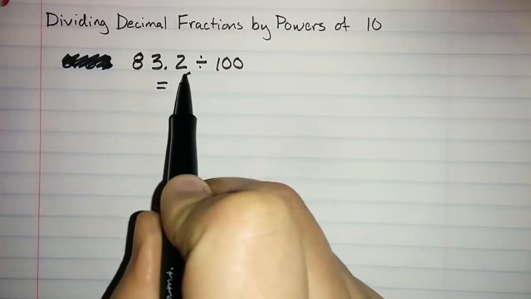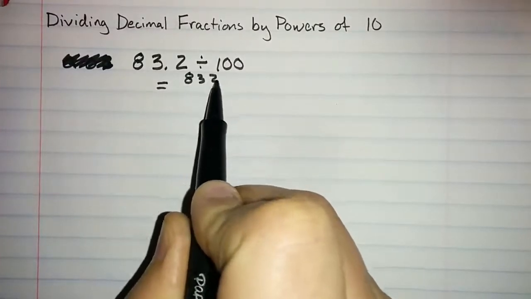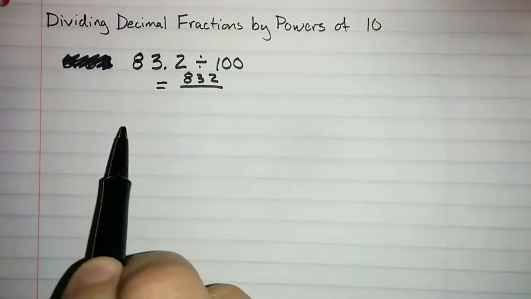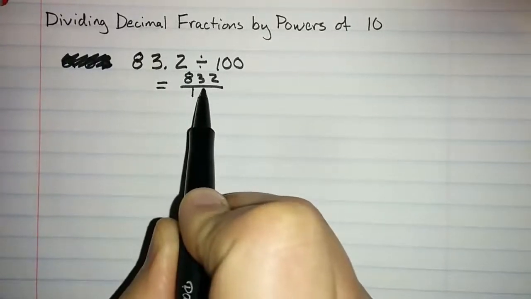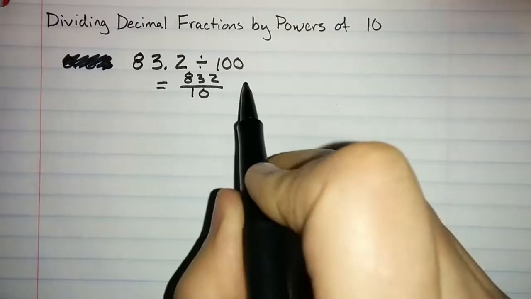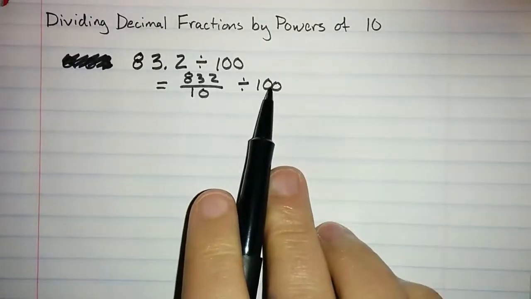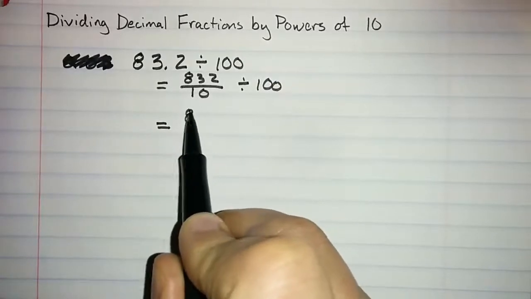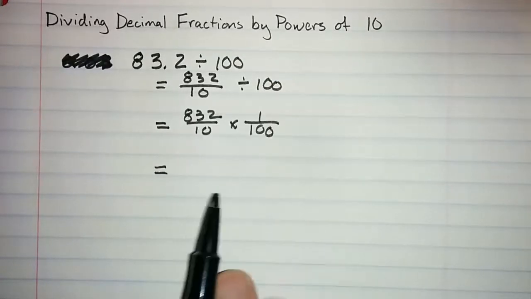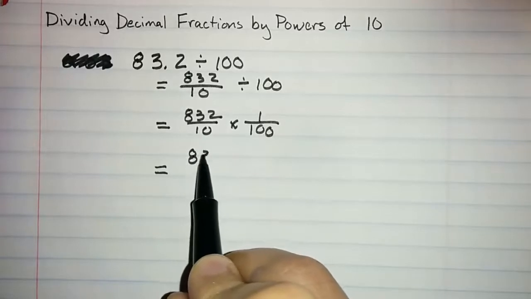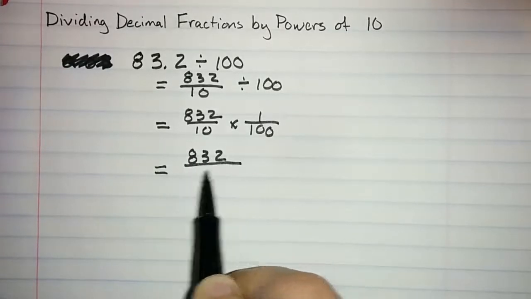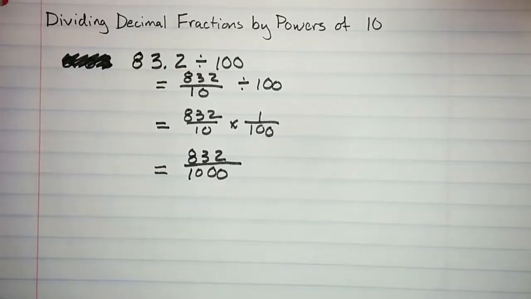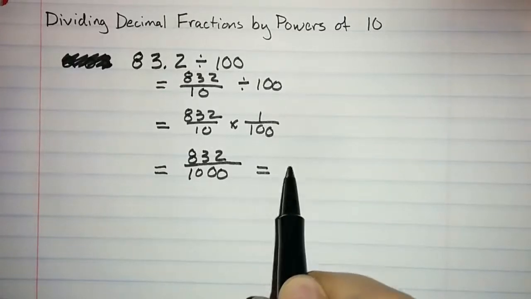Well, in fraction notation, 83.2 is 832 over 10, one digit after the decimal point is one 0 in the denominator. Dividing by 100 is like multiplying by its reciprocal. And so we see that in the quotient, we have 2 additional zeros in the denominator.